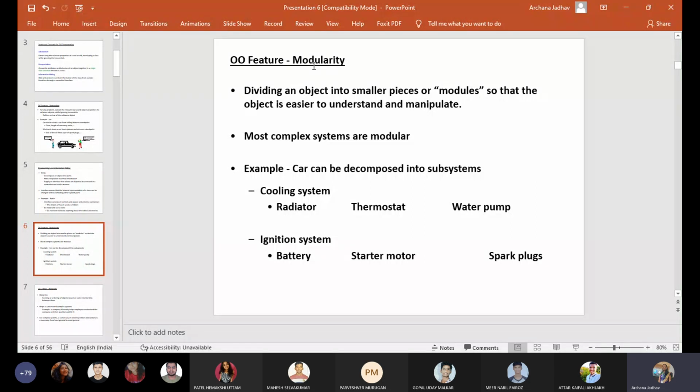Here the example is given: a car can be decomposed into subsystems, like the cooling system and the ignition system. When you talk about the cooling system of the car, you talk about the radiator, thermostat and water pump. But when you talk about the ignition system, you talk about the battery, the starter motor, and the spark plugs.